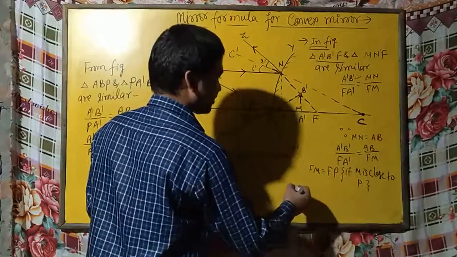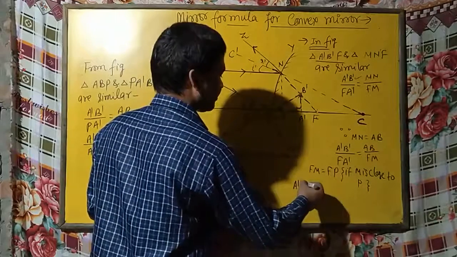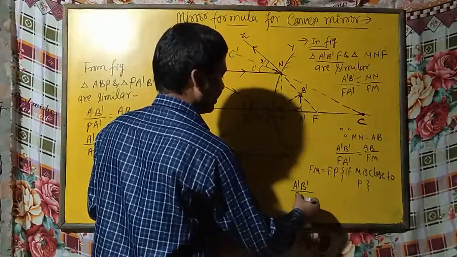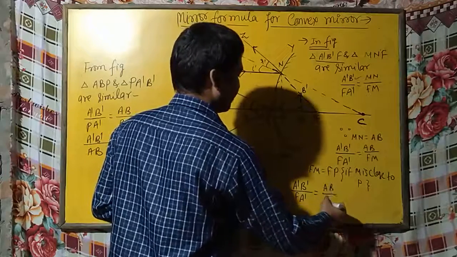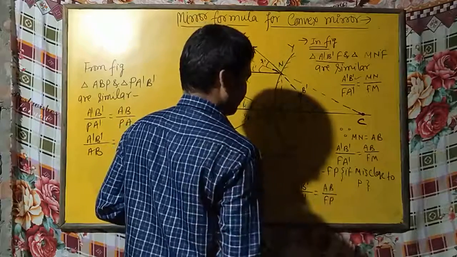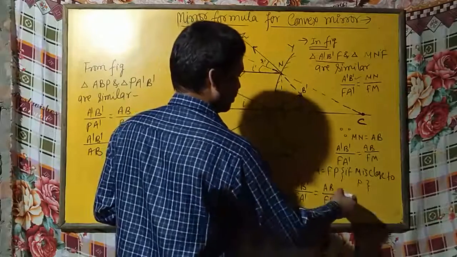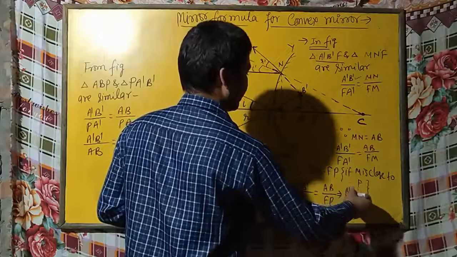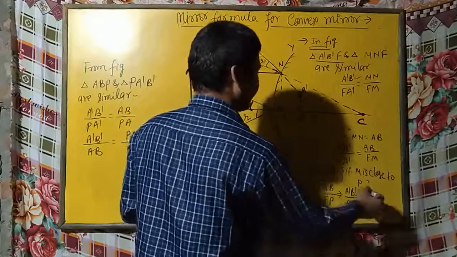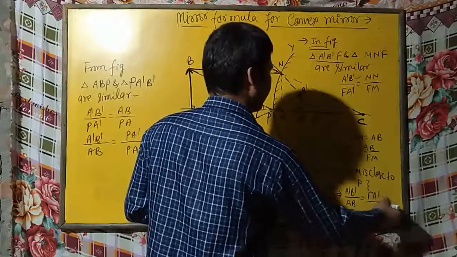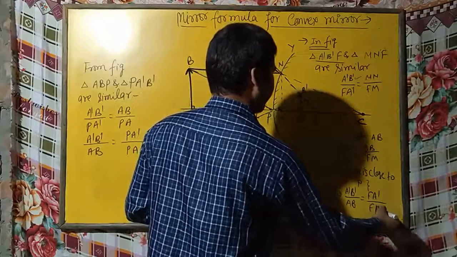So our relation will become A'B' upon FA' is equal to AB upon FP, right? So you can also rearrange A'B' upon AB is equal to FA' upon FP.